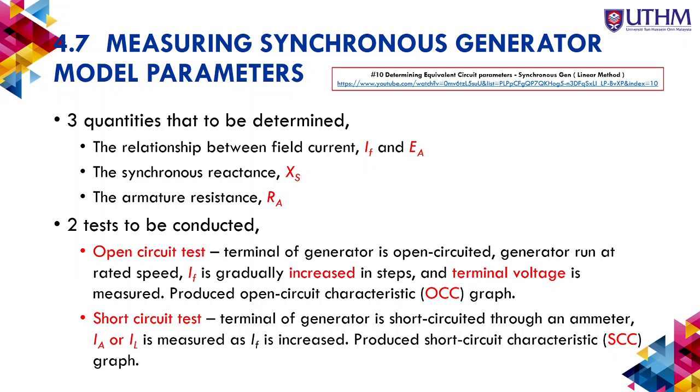The first one is the relationship between the field current, which is IF, and also the EA. Because IF will provide the flux. If you still remember, EA equals K flux omega.